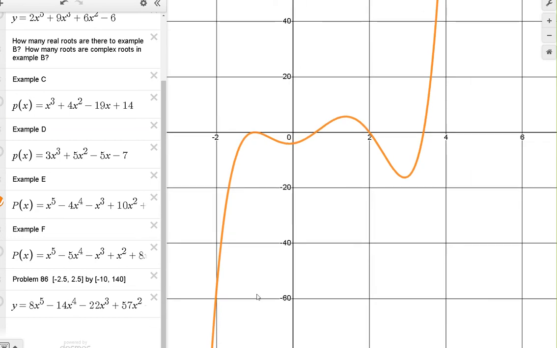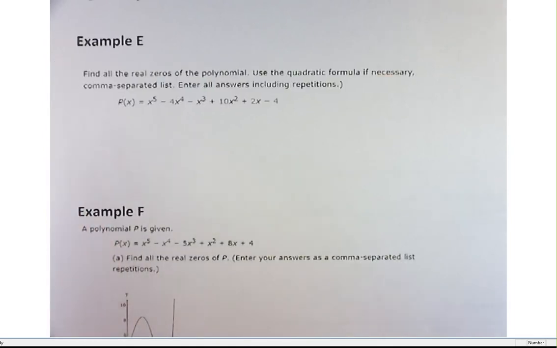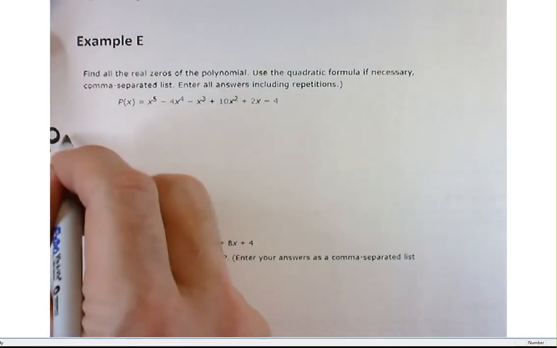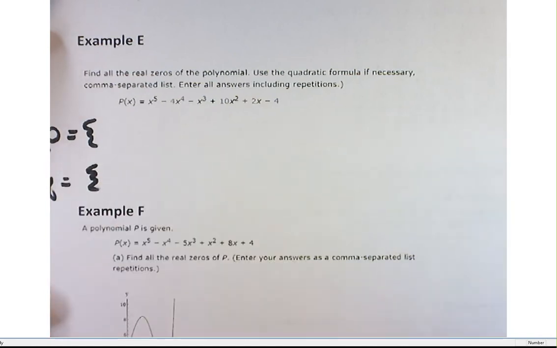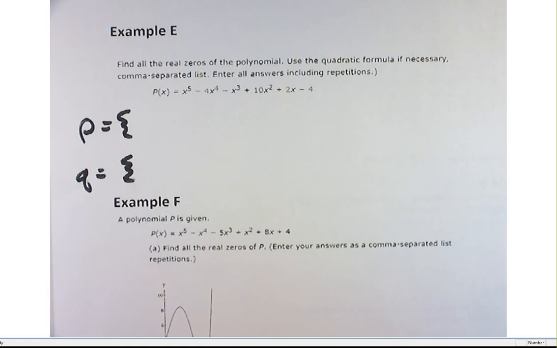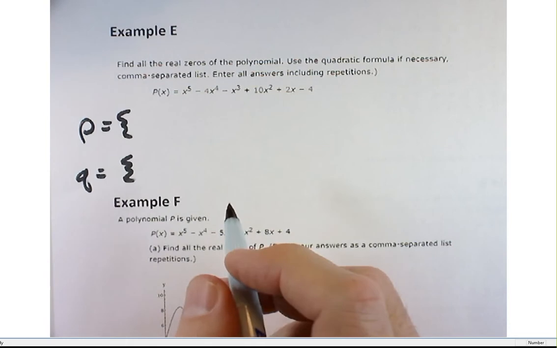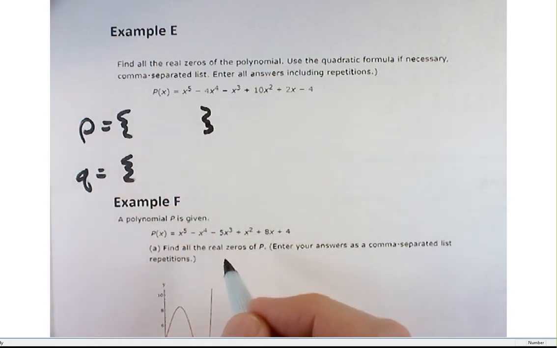So there's the graph. Let's see what the rational root theorem says about this polynomial. Where could it cross the x-axis? Well, P has to come from what set of numbers? What are my choices for P?